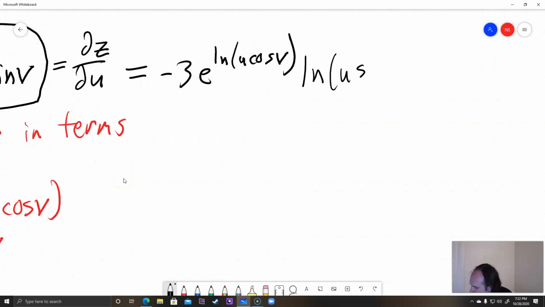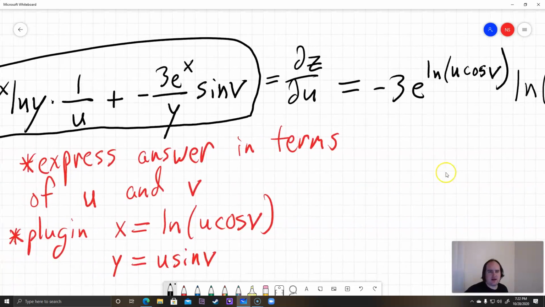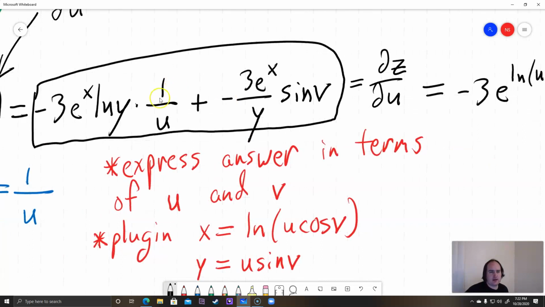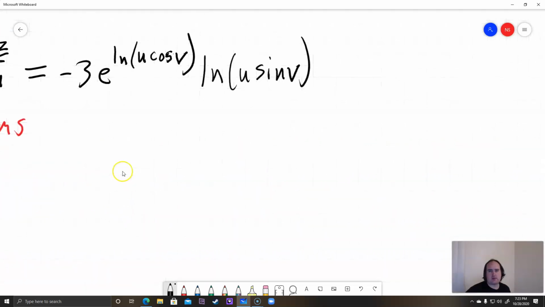Let me write that so it's more readable. So we have negative 3 e to the ln of u cosine of v times ln of u sine of v, times 1 over u.